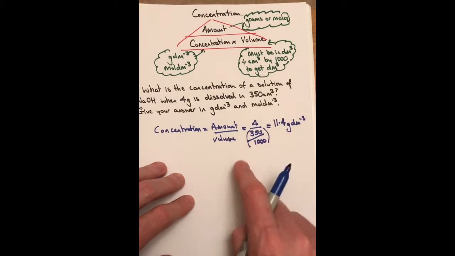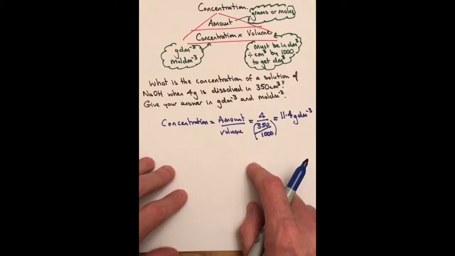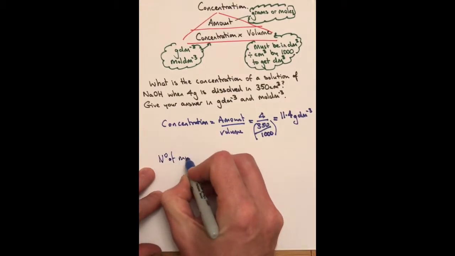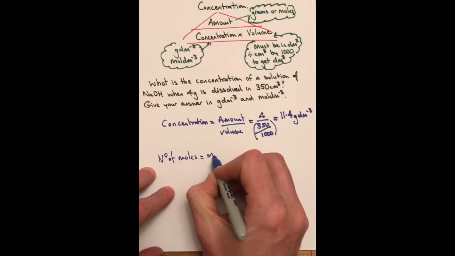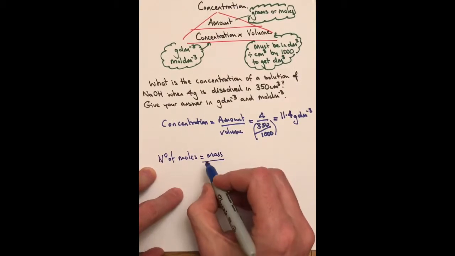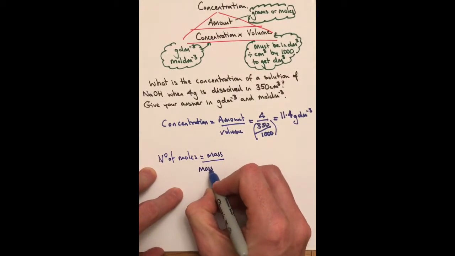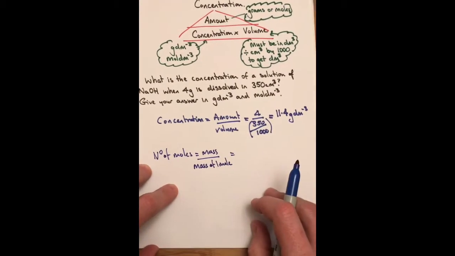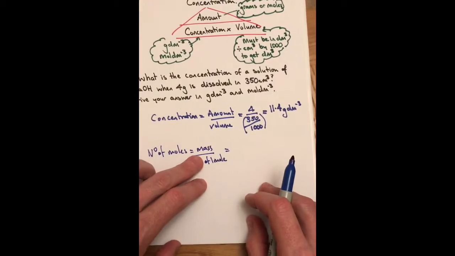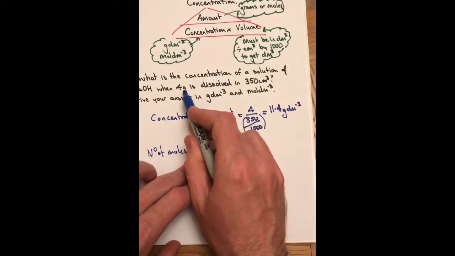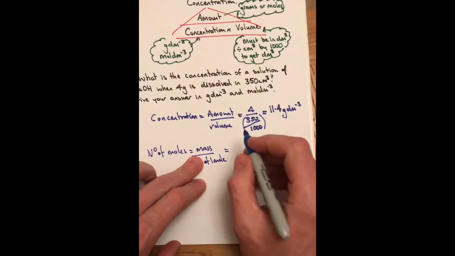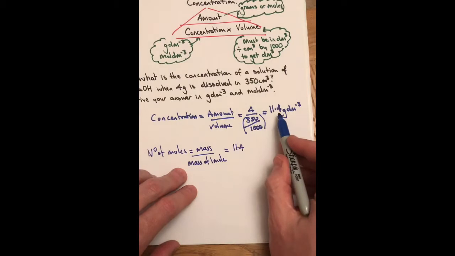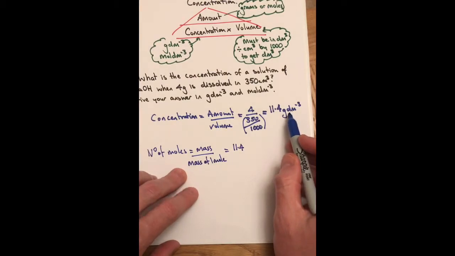To do this, I've got to use an equation, and the equation says that the number of moles is equal to the mass divided by the mass of 1 mole. So we know the mass is 4 originally, and then we've scaled this up to 1,000, so it's 11.4. So we've got a mass of 11.4, because this, remember, is grams per decimeter cubed.